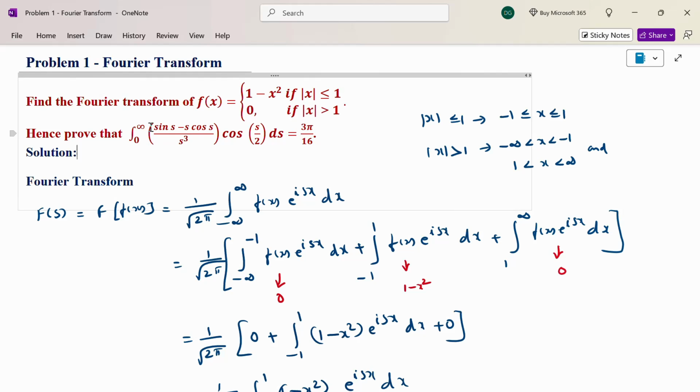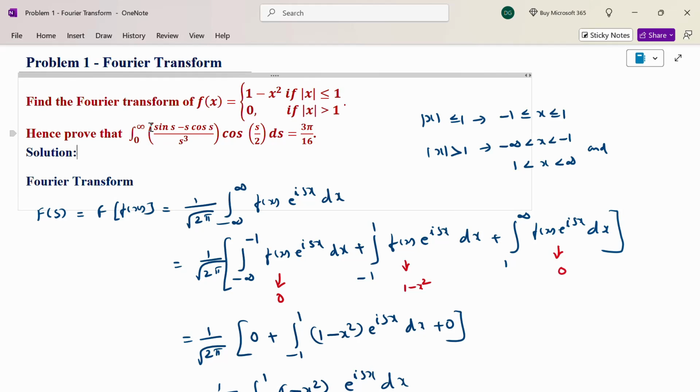Now we want to prove this. So what value of x? On the left hand side the value is s by 2, but we have sx, so when x is replaced by 1 by 2, we get s by 2.